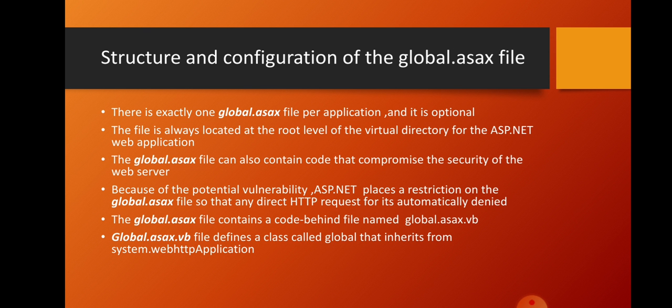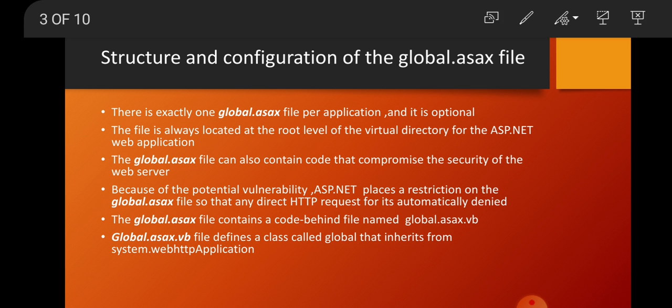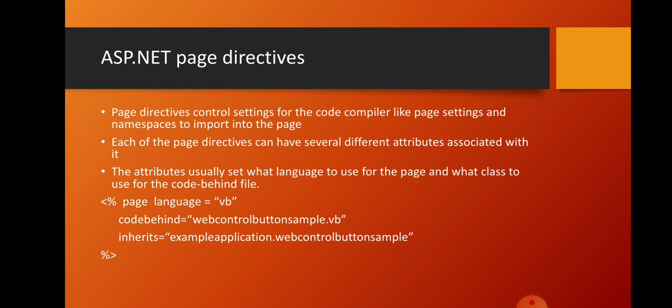This code behind file consists of a class named Global, and it inherits from the base class System.Web.HttpApplication. Okay, next we move on to the ASP.NET page directives.